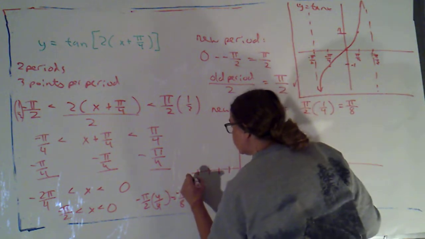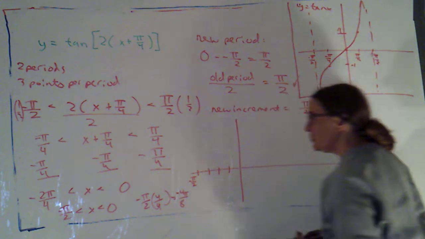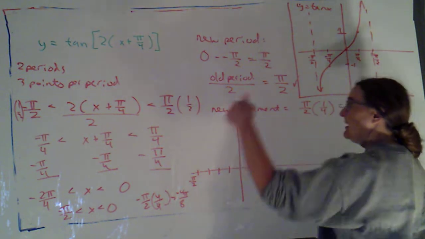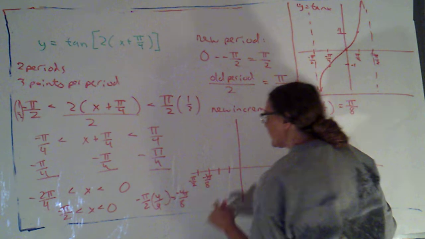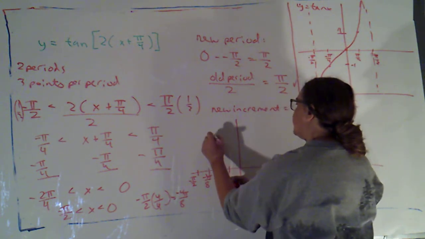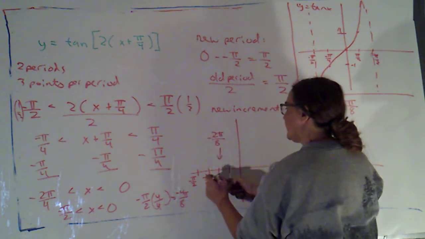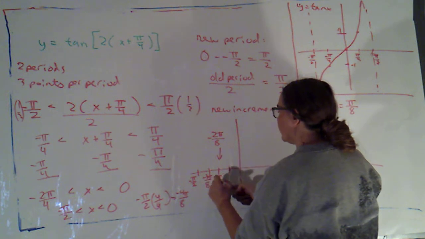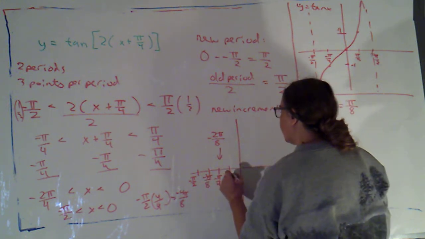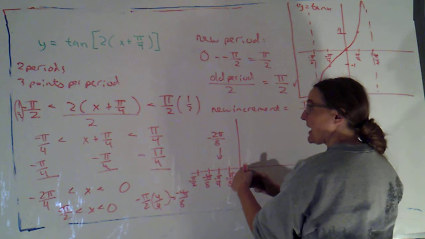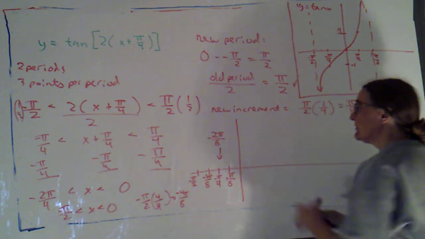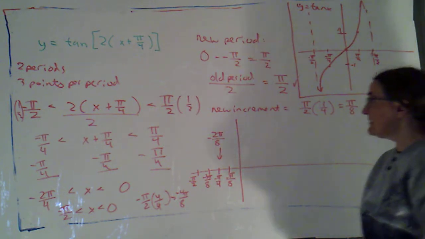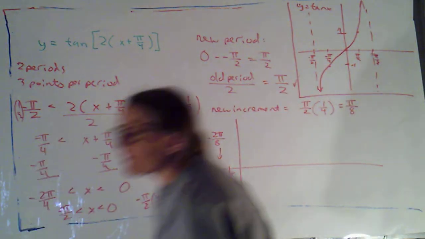So this is negative pi over 2, which is negative 4 pi over 8. Then I'm going to add pi over 8 to that, so I'll get negative 3 pi over 8. Then this would be negative 2 pi over 8, but I'm going to reduce that to negative pi over 4. And this would be negative pi over 8, and then I'm at 0. Okay. So that takes the interval from negative pi over 2 to 0, and it neatly divides that up into 4 pieces.